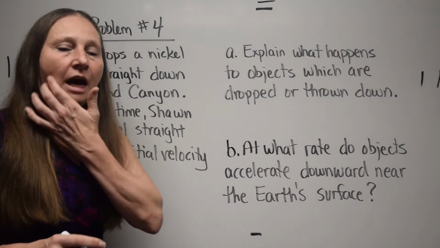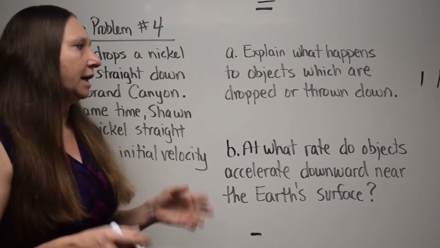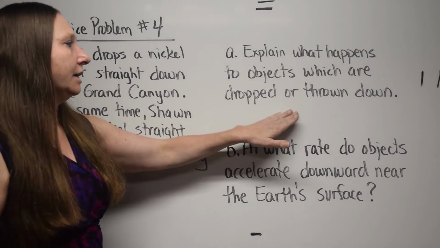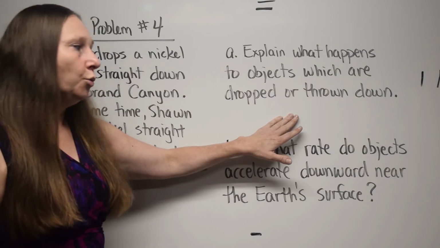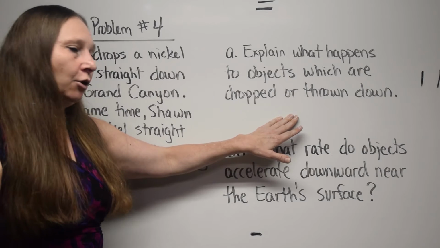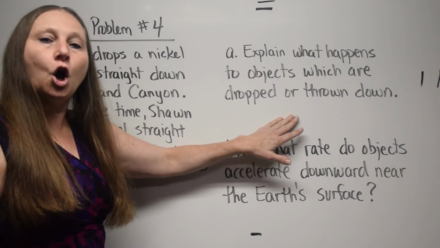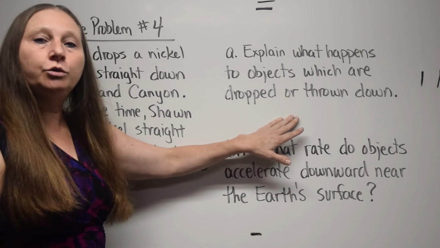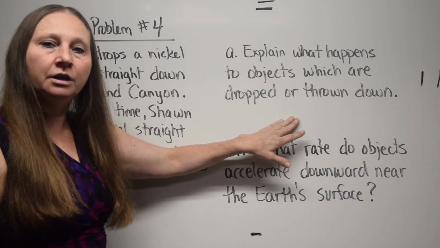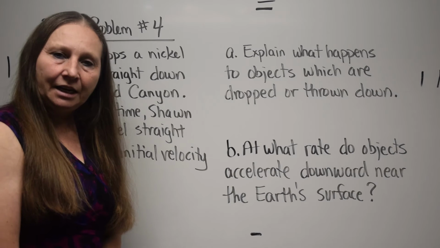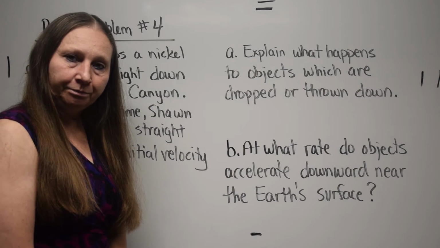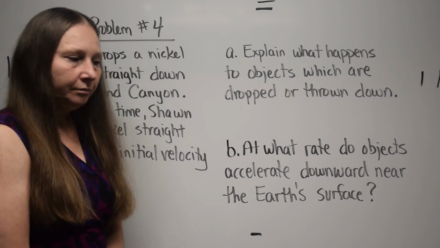So you can write that as an explanation here. The objects will accelerate downward. The Earth causes the objects to go faster and faster down. You can also say the objects' velocity increases as they fall.